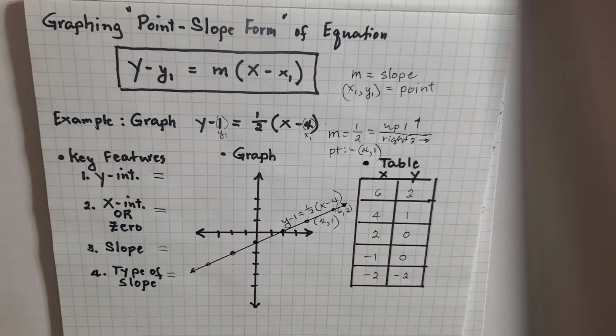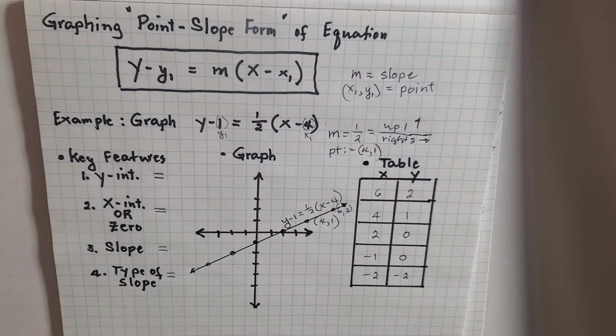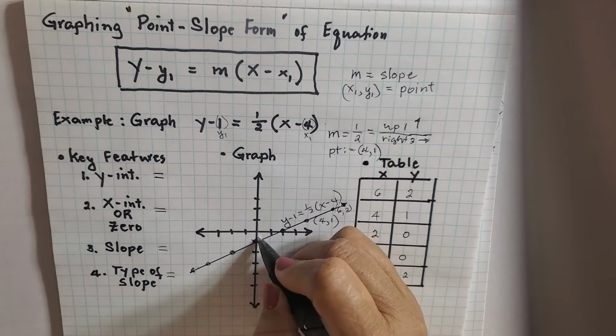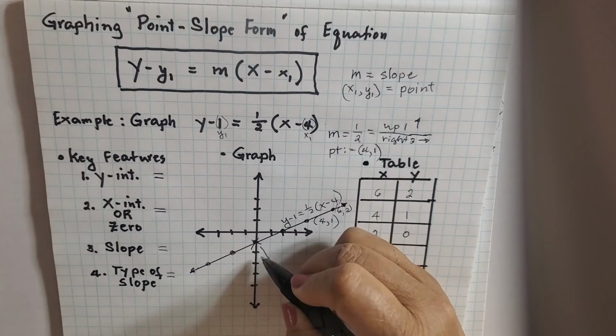Okay. Now that we have the graph, let us identify the key features. The y-intercept is where the line crosses the y-axis. So if I look at this line, this is my y-intercept. I'm going to label it.